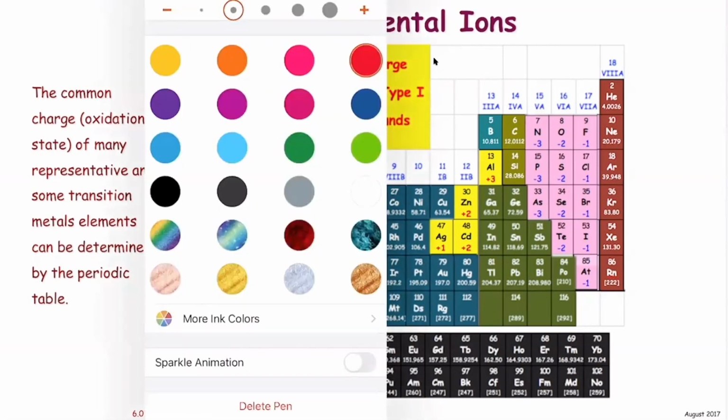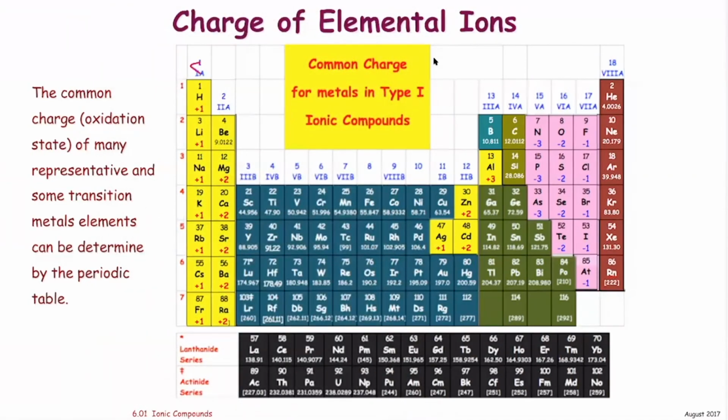Since it's in the 1A family, it's got 1 electron in its outermost shell. There's going to be an inner core, but the outermost shell is where chemistry occurs. This is the 2A family. It's going to have 2 electrons in its outermost shell. This is the 7A family. It's got 7 electrons in its outermost shell. So those are the parts of the atom that are responsible for chemistry.